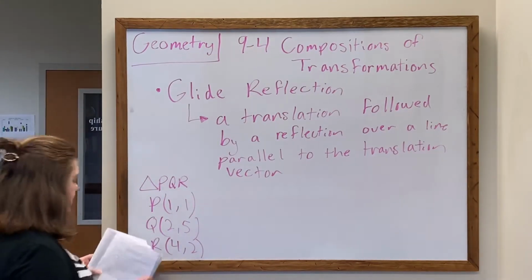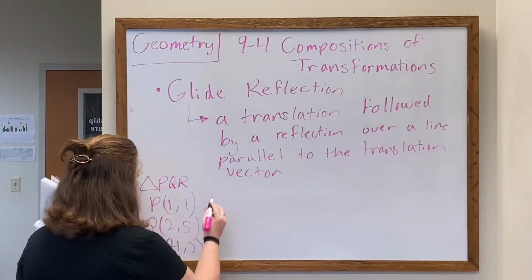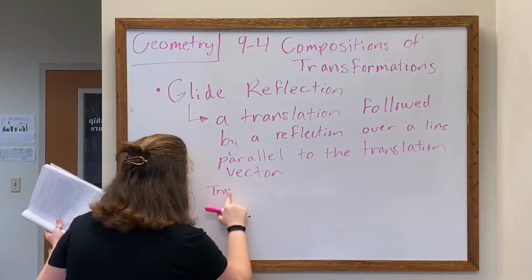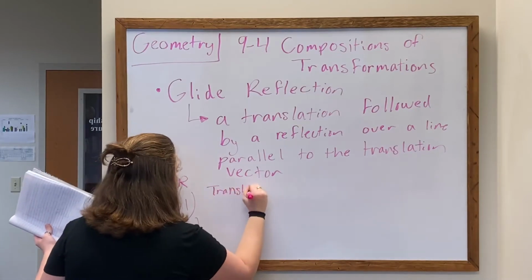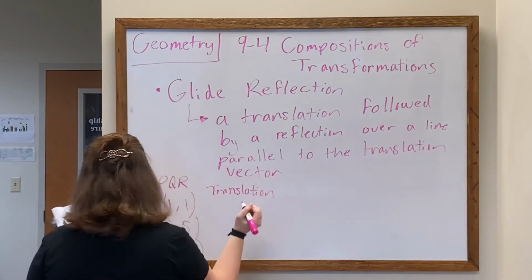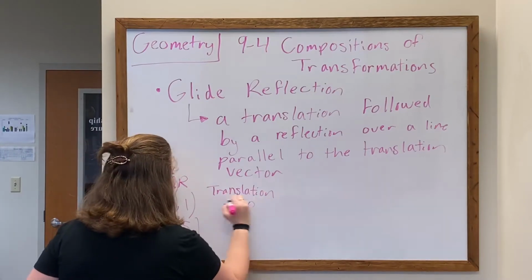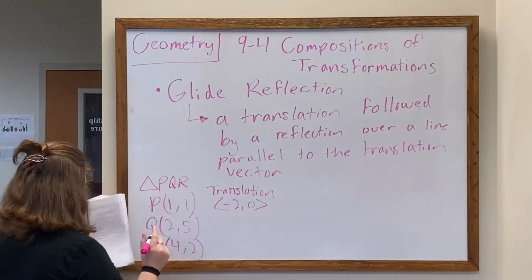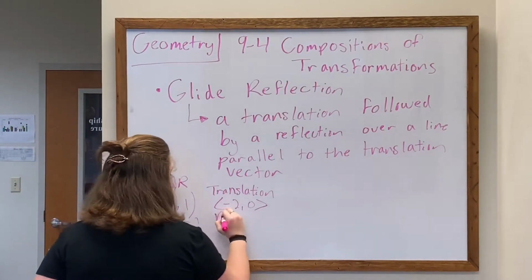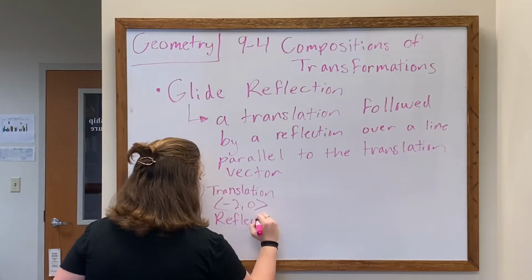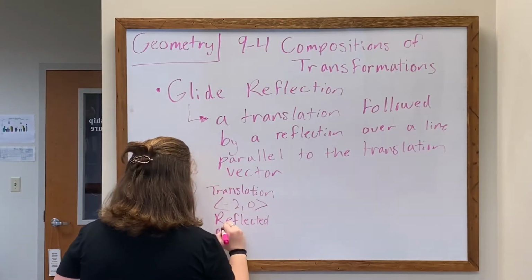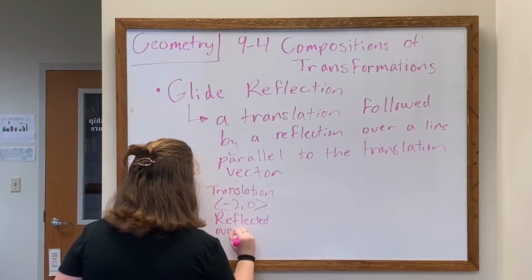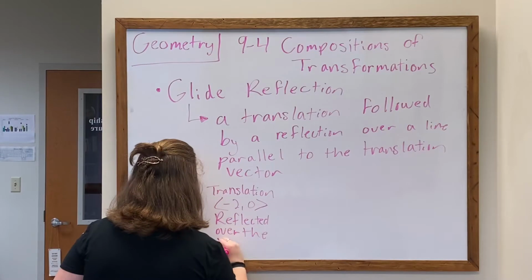Then it's going to say, give me a translation with a vector of -2, 0 that has also been reflected over the x-axis.